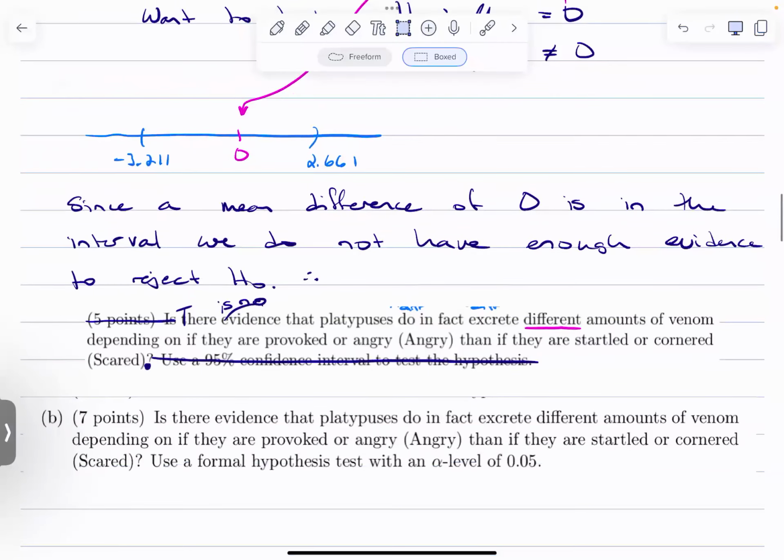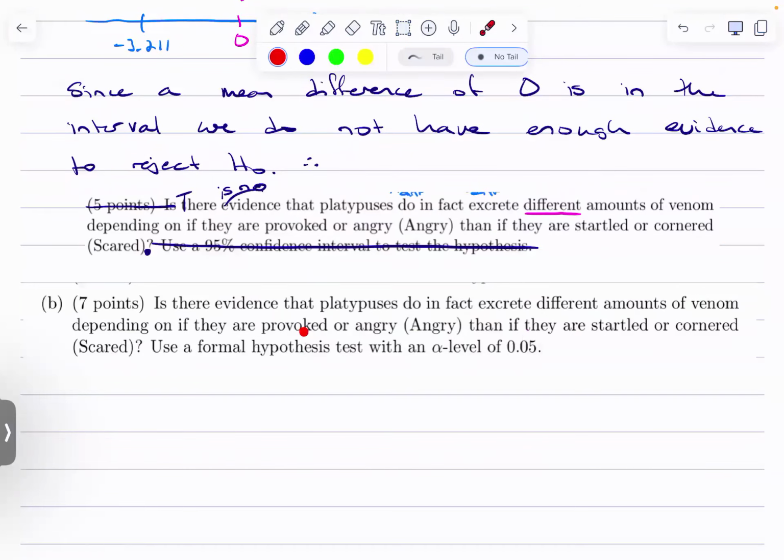Any questions before we do the formal hypothesis test? We've done a good chunk of the hard work already. So now we're going to test the exact same question and use a formal hypothesis test with an alpha level of 0.05, which is our default as well.